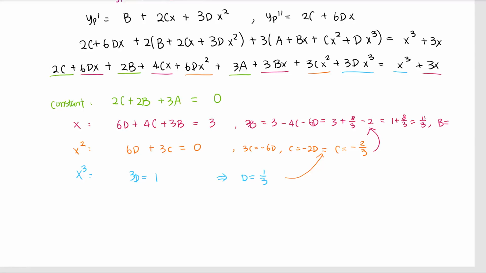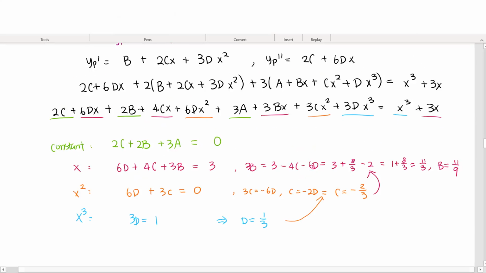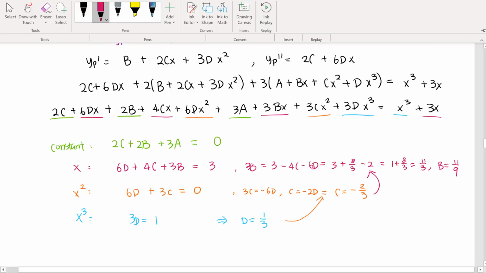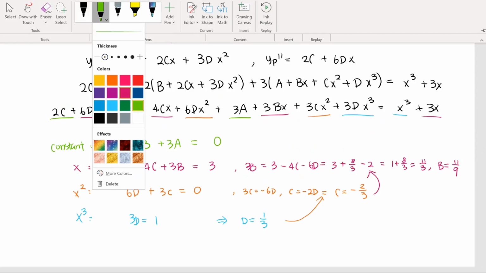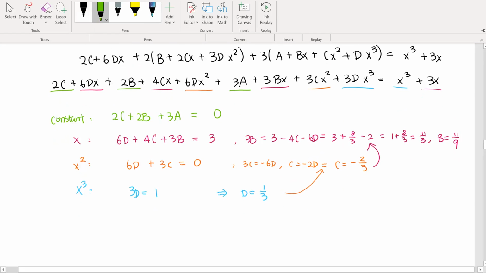Dividing both sides by 3, b is 11 over 9. So far so good, everybody? Then we plug in the constant term. You can see the order: it's good to compare the highest power term, then the second, then the first power and the constant term. In that order, we have more space.